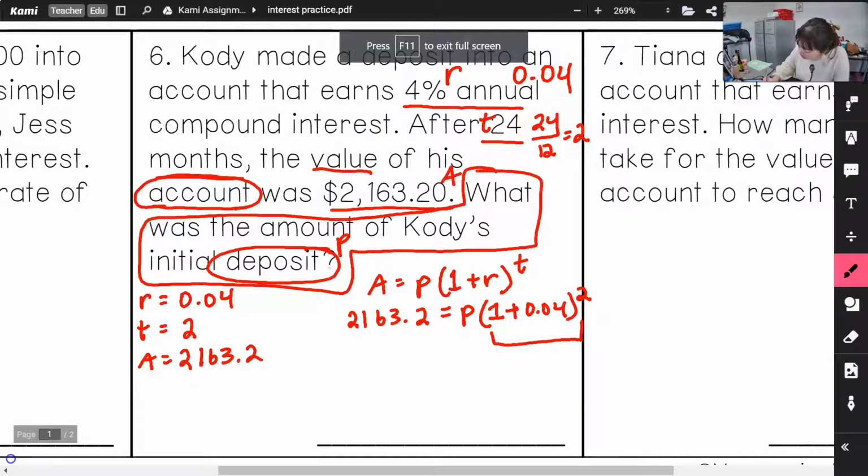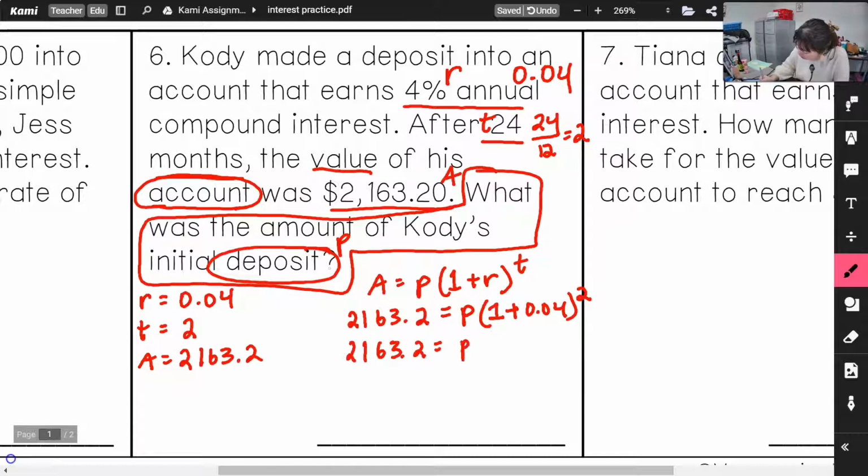So leave this alone. We didn't do anything on the left side. Equals P times 1.0816. Or, you know what? Let's rewrite this in a way that we can really recognize it. Make this the coefficient, so 1.0816p. Now you can really see that this is a coefficient. Remember, a coefficient is just a number that's being multiplied by a variable.